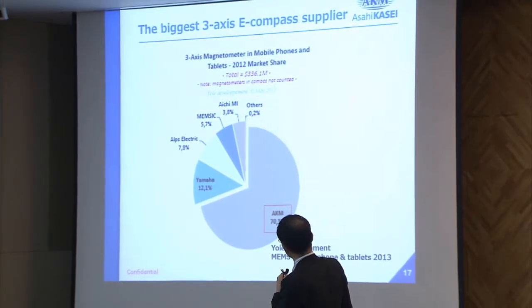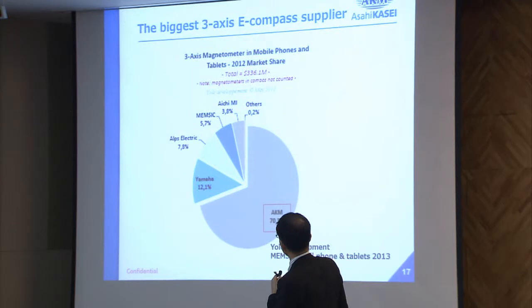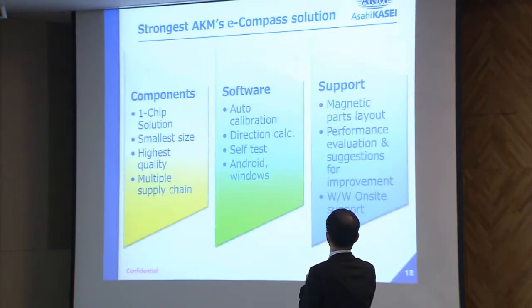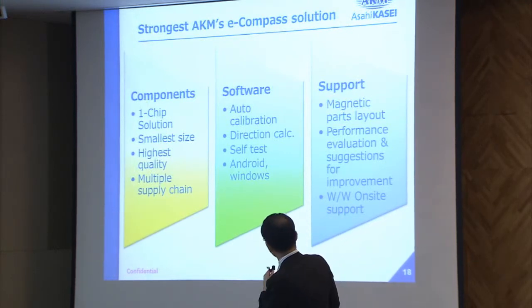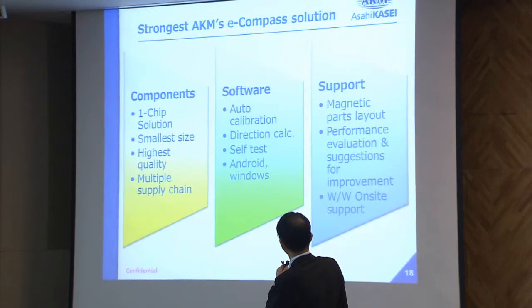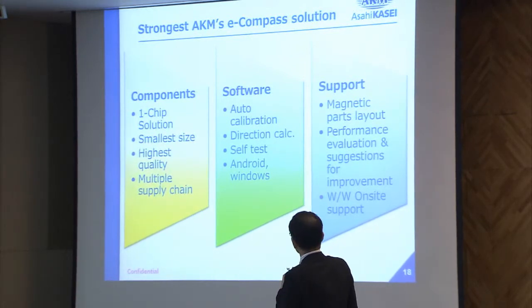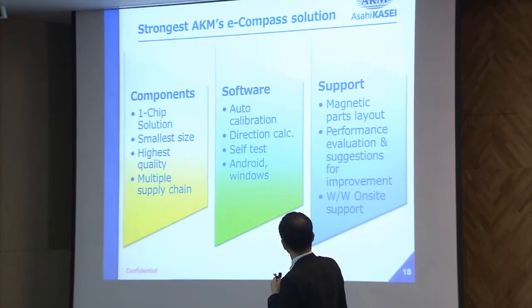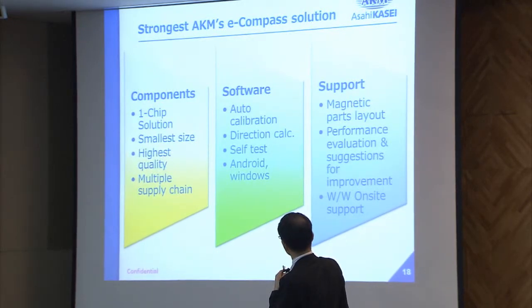And the worldwide market share in 2012 is about 70%. This shows the strong points of our e-compass. We have three aspects: component, software, and support.